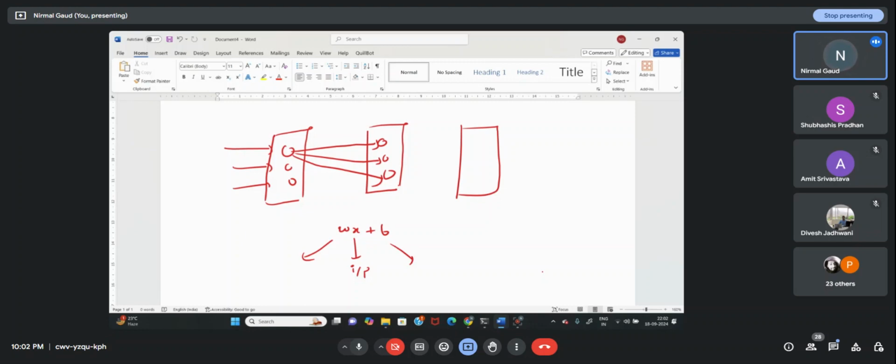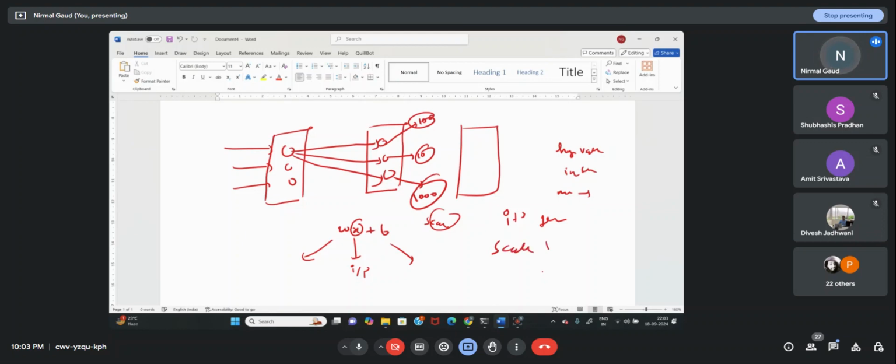So if you don't scale your input and feed huge values into the model to give to the neurons, it may happen that one value might be 100, another 10, another 1000. We are not expecting such variable values, so it's better that you scale the values and then feed them into the model.